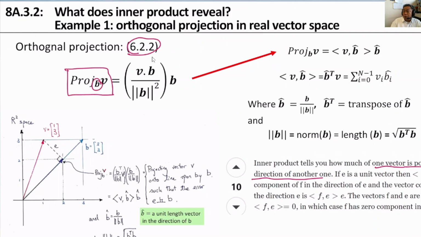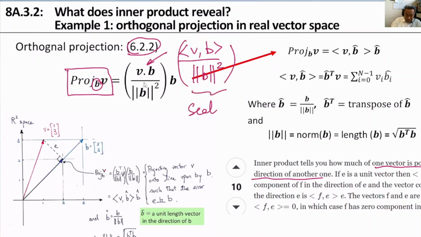And in 6.2.2, this is the equation that was derived, which is the dot product or the inner product between v and b, divided by the norm of b squared, and this becomes a scalar. Then we are going to multiply this scalar by b, and we will get the projection of v onto b.